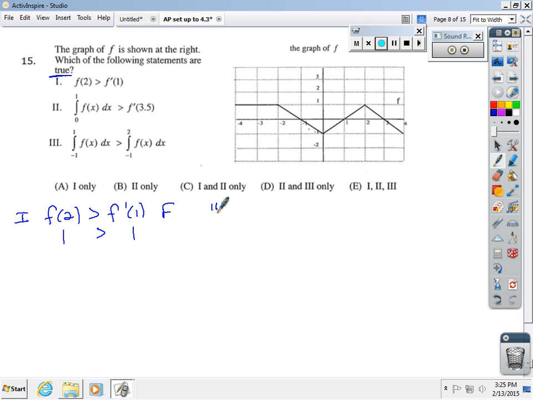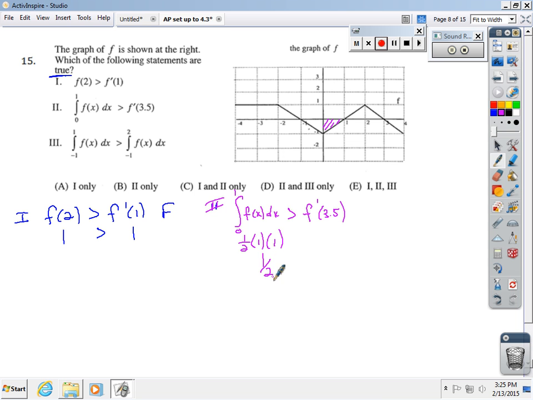Okay, the second part of this, actually let me use a different color and let this stand out. Second one, they want to know the integral from 0 to 1 of f of x dx. Is that greater than f prime of 3.5? So from 0 to 1, the integral, we're going to be looking at this area right here. Now, it's an integral, so it's going to be negative because it's below the x-axis, so we're going to do 1/2. The base is 1, and the height is 1.